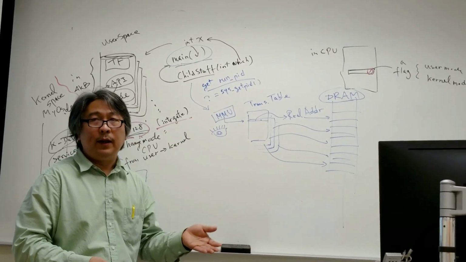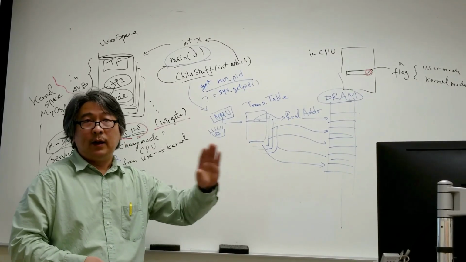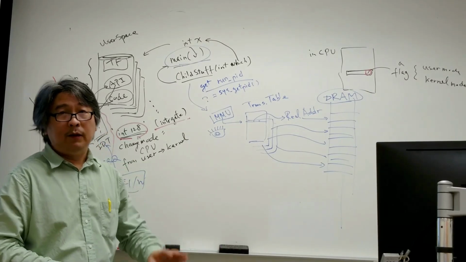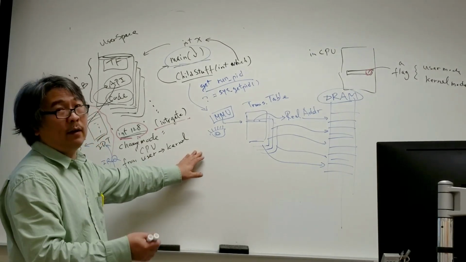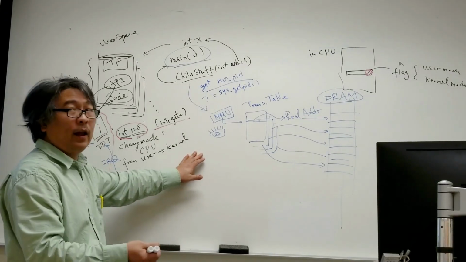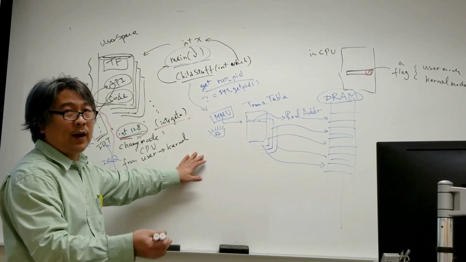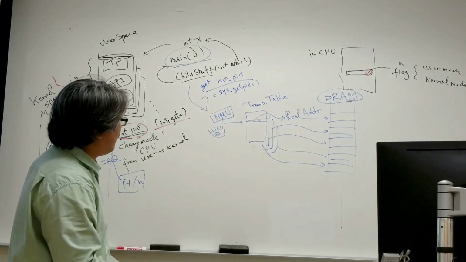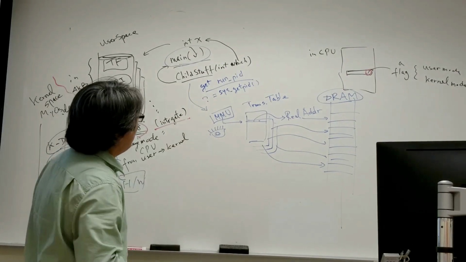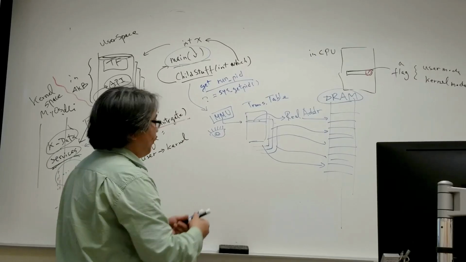The MMU translates it and gives the real address to the cache. The translation result is given to the cache system, which checks whether the cache hits. If it does, that will be great. If not, then it fetches from the next level of cache. All these things you learn from the cache system. So the MMU produces the real address and gives it to the cache through a lookup of the translation table.